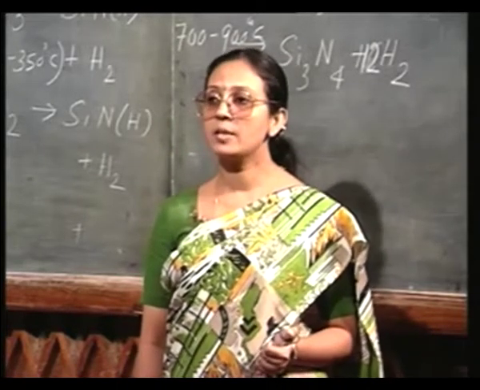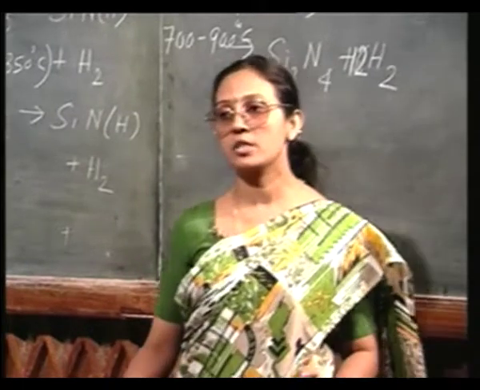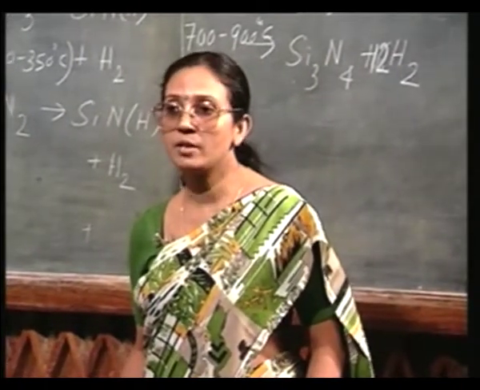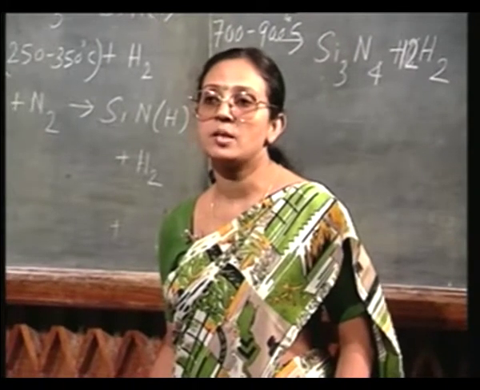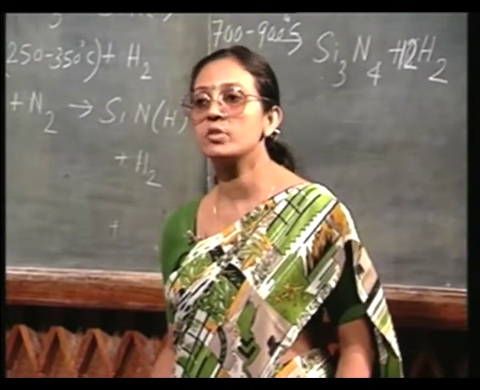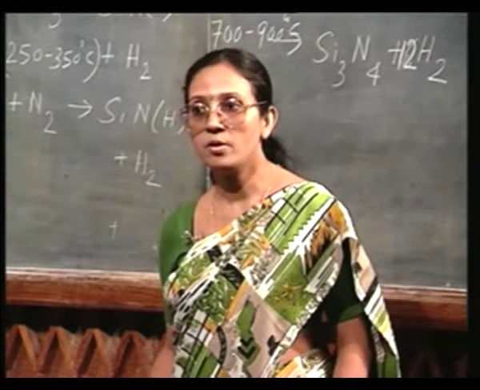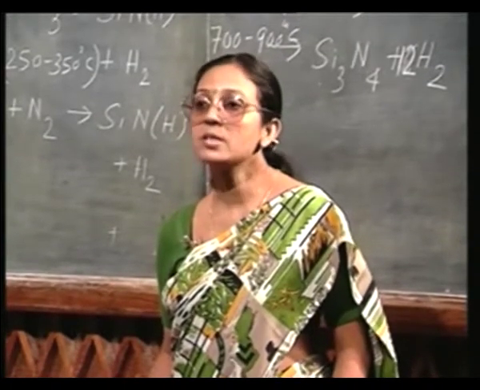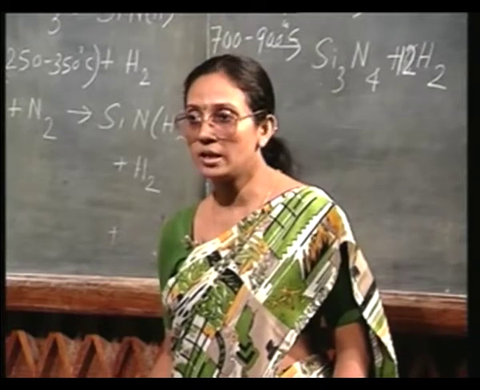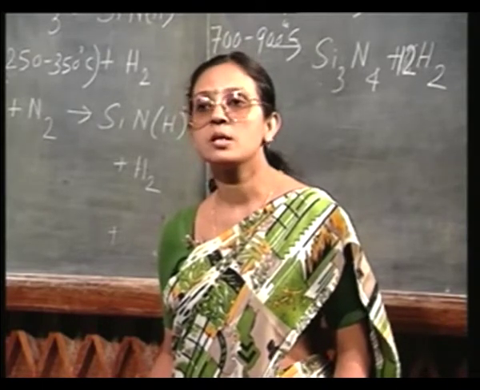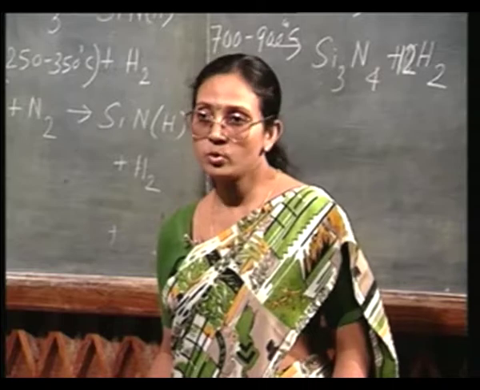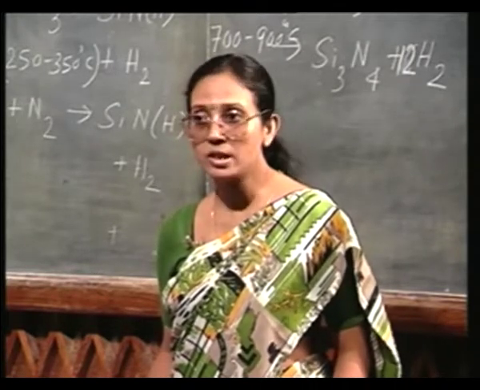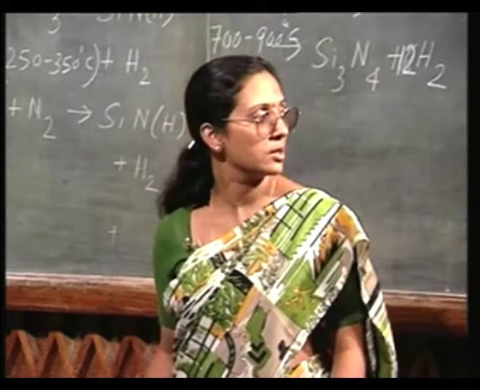So, you see, depending on what particular reaction you are going to use for ordinary chemical vapor deposition process, the temperature varies between 450 to 900 degree centigrade. 450 if you are going to have the reaction between silane and oxygen, 900 if you are going to use dichlorosilane. If you use tetraethoxysilane, the temperature will be somewhat in between, 700 degree centigrade or so.